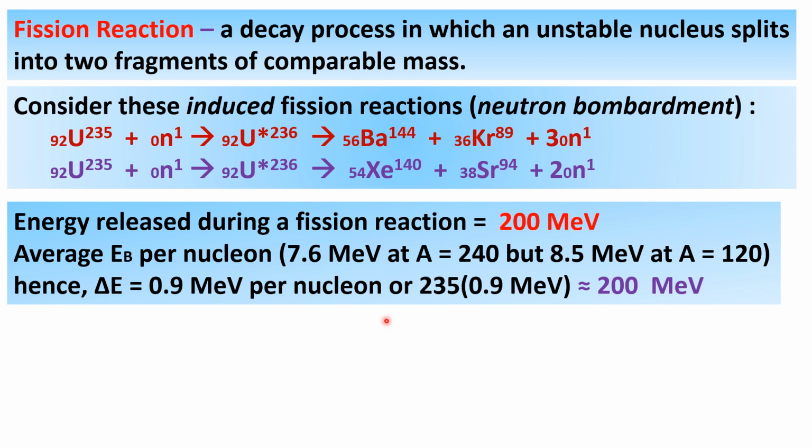In the case of uranium-235, this binding energy difference of 0.9, when multiplied by the number of nucleons of uranium-235, amounts to approximately 200 million electron volts. This is how we approximate the amount of energy released during a typical induced fission reaction of a heavy unstable element such as uranium-235.